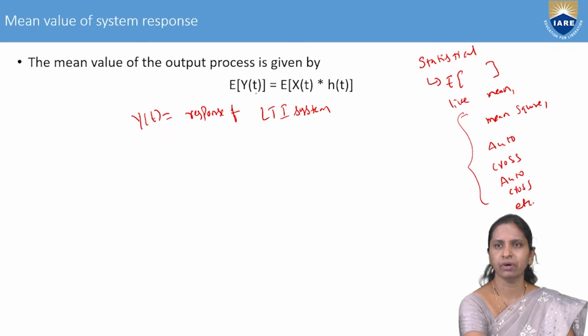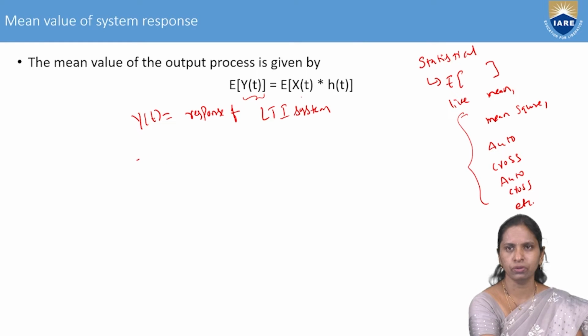What is the mean value of a random process? E of y of t. What is y of t? This is the response of the LTI system, which we can write as the input signal convolution the impulse response, nothing but x of t convolution h of t.